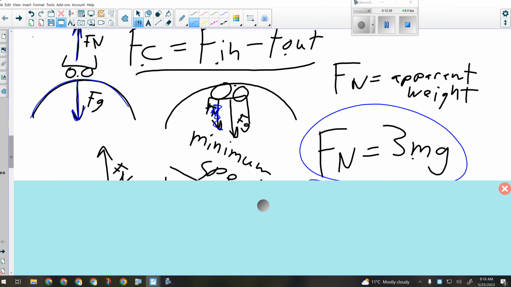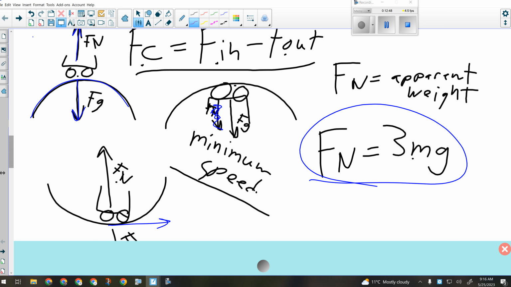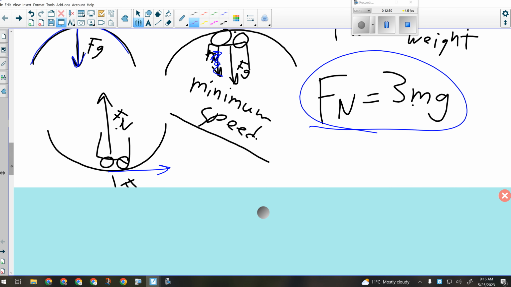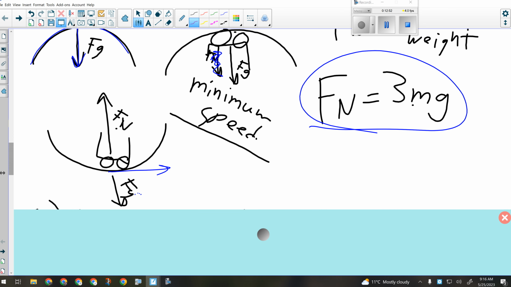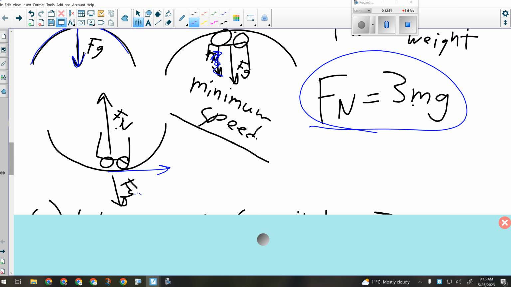If you're on the inside, gravity acts in, normal force, if it's present, also acts in. There are no forces out on the inside top of the vertical loop. And then lastly, you could be at the bottom of the vertical loop where Fn, normal force, acts in and gravity acts out, and that is where you would always feel heavier.